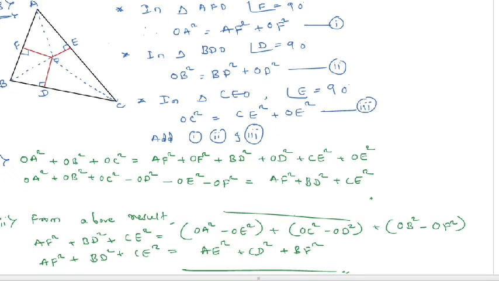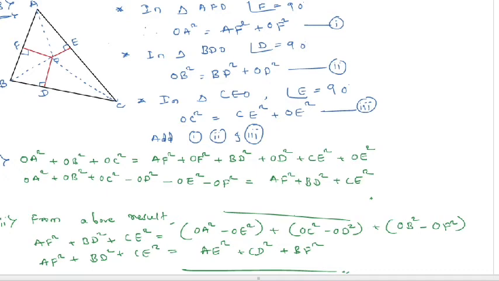Here, OD is perpendicular to BC, OE is perpendicular to AC, OF is perpendicular to AB. So, what is going to prove here? Show that OA square plus OB square plus OC square minus OD square minus OE square minus OF square is equal to AF square plus BD square plus CE square.